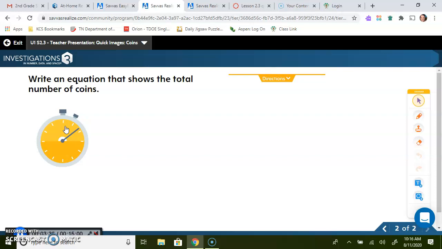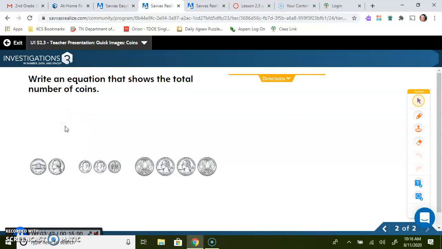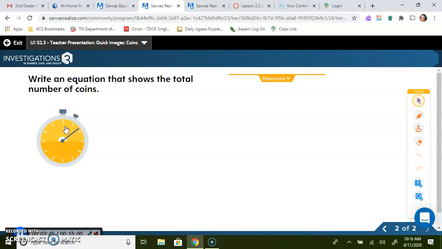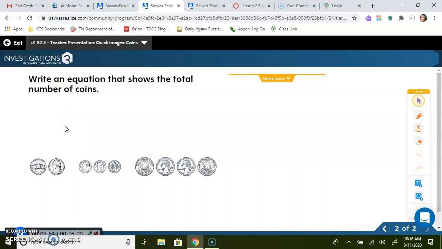That was a lot of coins, so be thinking in your head about what you saw there. Okay, there it is again. And here it is for good. So first, let's talk about the coins that we see on the screen. What are these 3 right here in the middle? Do you remember?